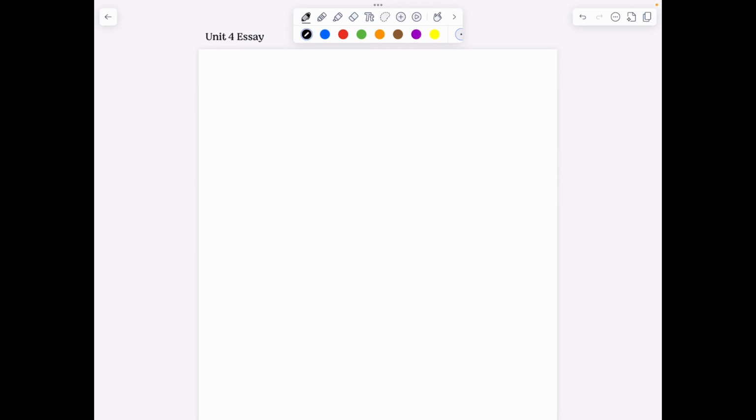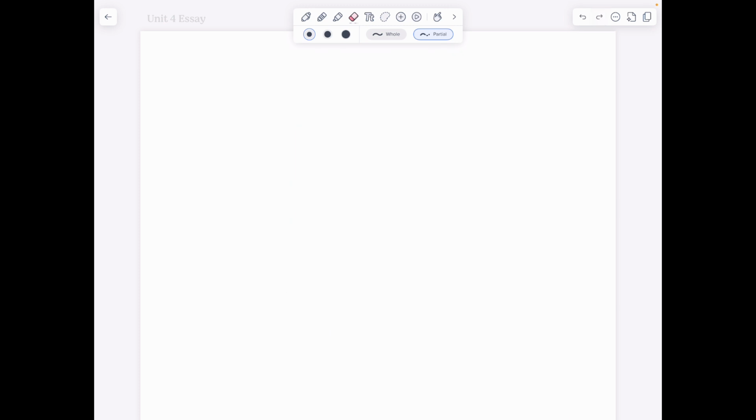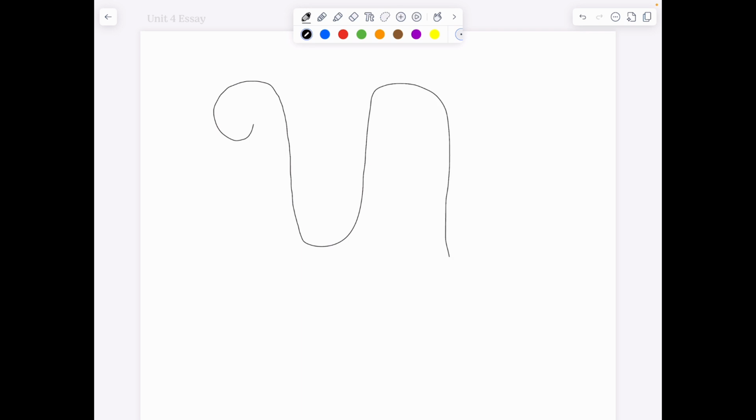Okay, so finally we're going to talk about the urine concentration and the role that the loop of Henle plays in this. So to draw that, I'm just going to draw, and then break it up into different compartments.